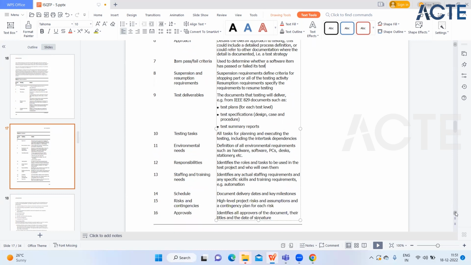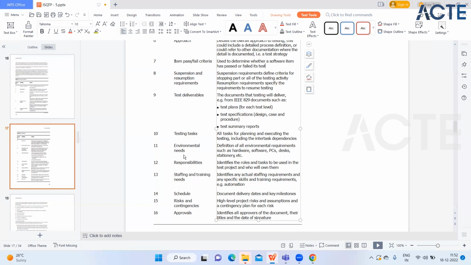Okay. Now, testing tasks: all tasks for planning and executing the testing, including the inter-task dependencies. So all these things you will define under the testing tasks, like who will do the test task, and executing the testing, and also any dependency related to the testing task.